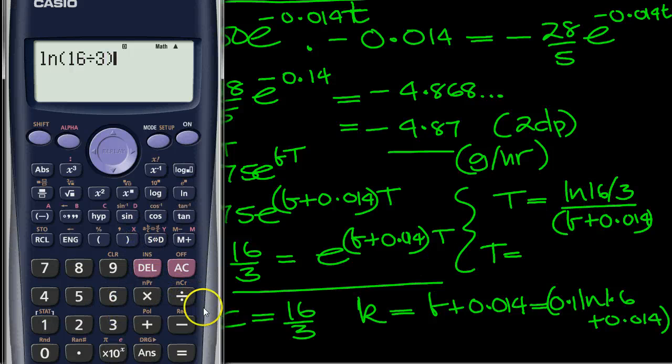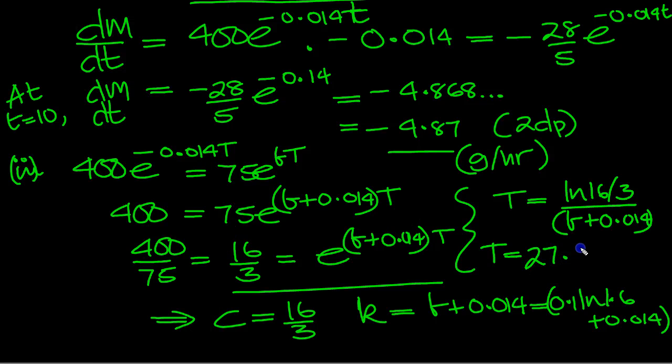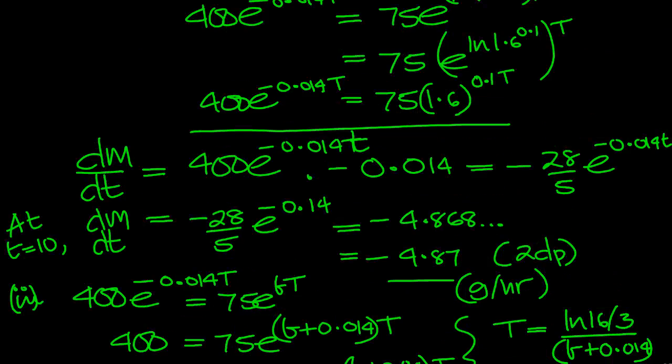So that number divided by, bracket, b plus 0.014, which is 0.1 times the log of 1.6, plus 0.014. Close brackets, equals 27.442. And that's capital T.